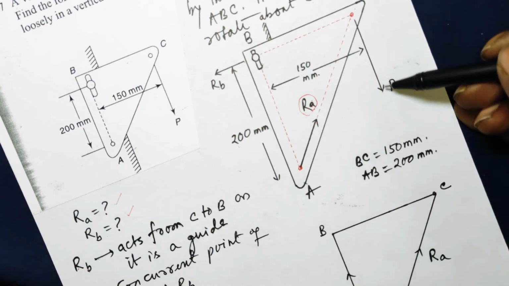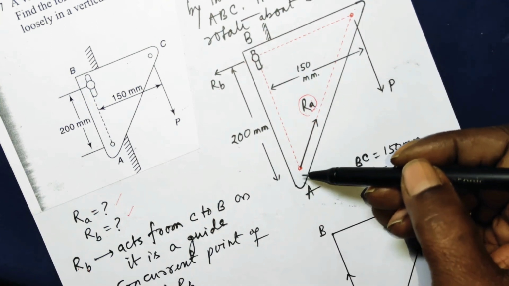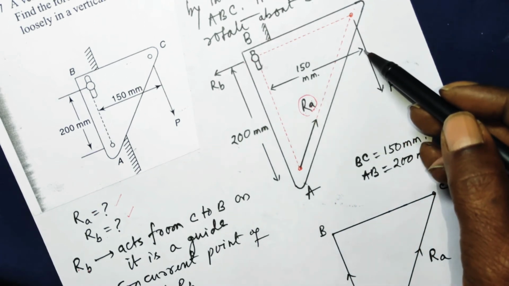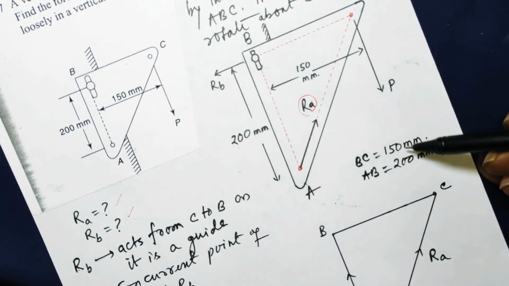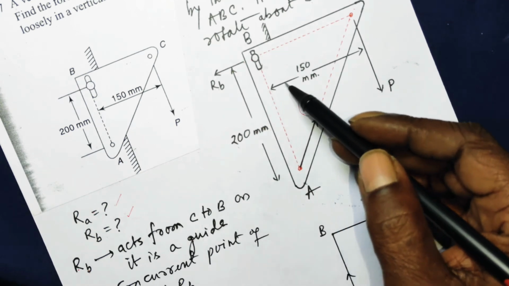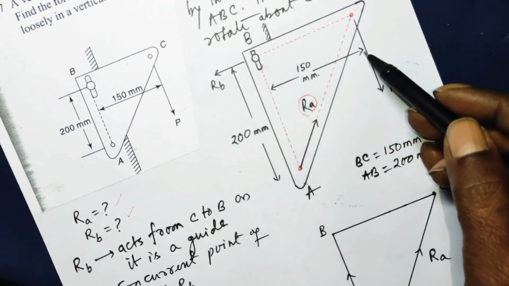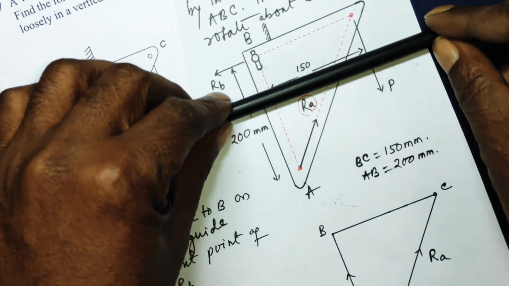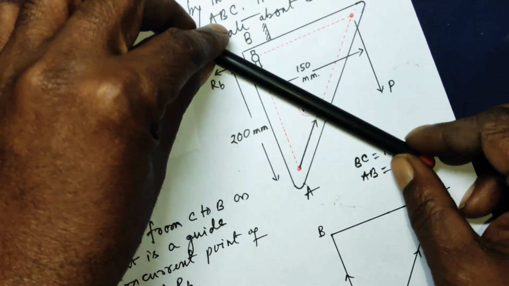The line of action of P from the point A has a perpendicular distance of 150 mm. So P times this perpendicular distance, 150 mm, about this point, will have a clockwise turning effect like this, that is a clockwise moment.